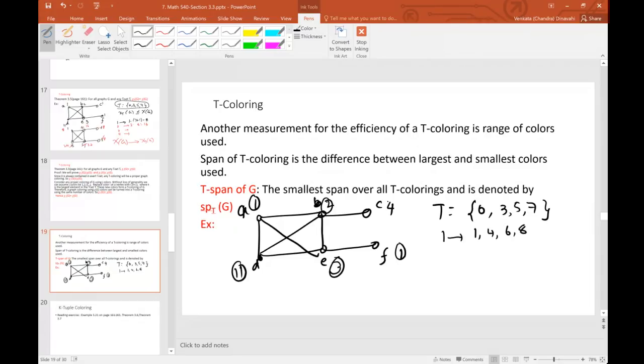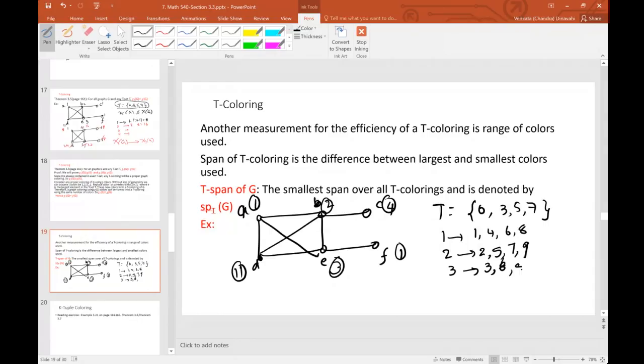You can check. I am going to leave that as an exercise. This is the best spanning coloring, in a sense the smallest span. That means you cannot color this with smaller numbers than this. For example, if I have 1 here, then 1, 4, 6, 8 are gone. Once I color with 2, I cannot use 2, 2 plus 3 is 5, 2 plus 5 is 7, 2 plus 7 is 9.